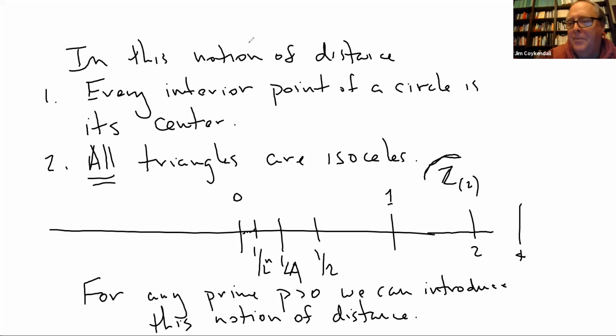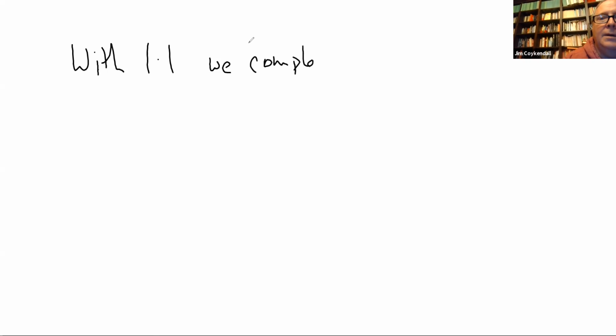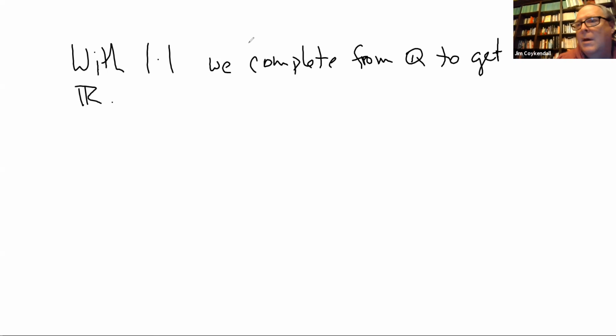So with ordinary absolute value, we complete from Q to get R, defining Cauchy sequences as sequences that are getting closer and closer together. There's lots of different ways to do this.